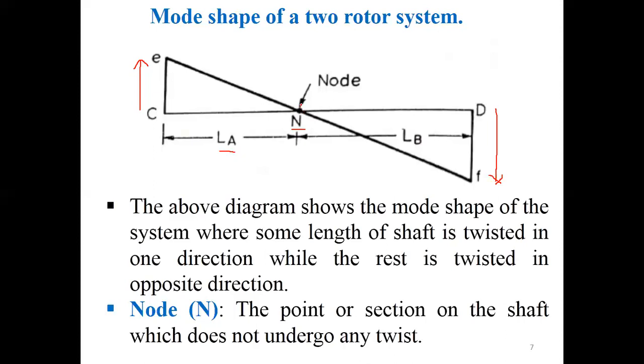So here you can see that this is the node and it is located at a distance of LA from rotor A and LB from rotor B. In addition to the location of the node, you can also find the amplitudes of rotor A and rotor B from the mode shape diagram.